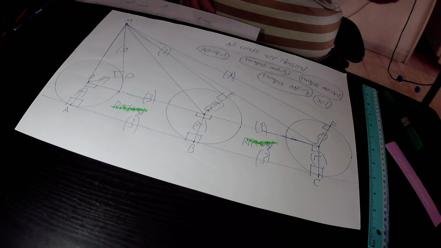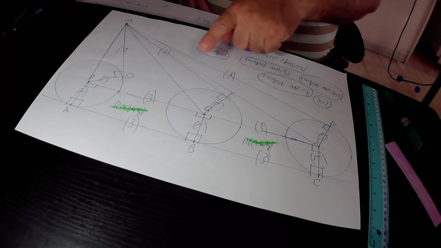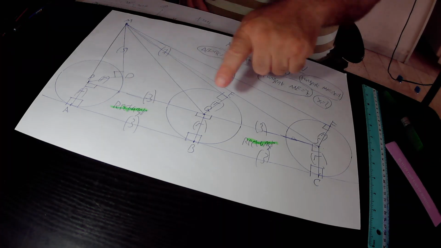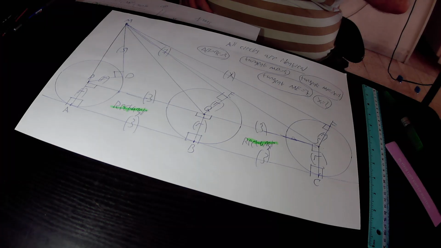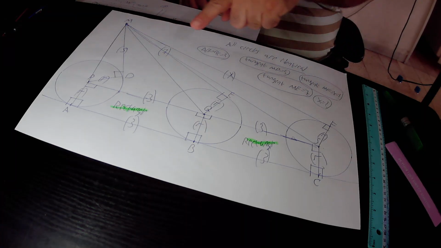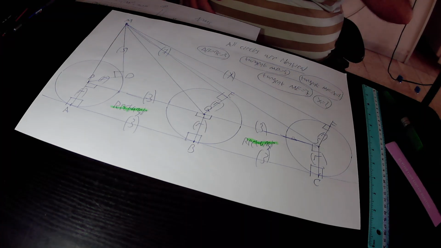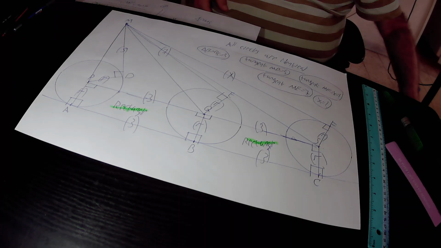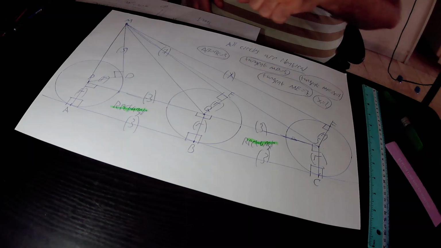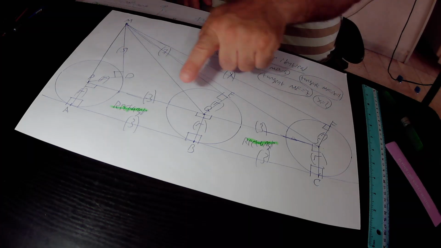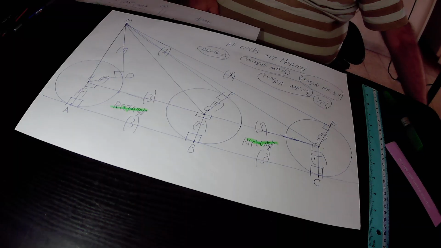And for the same reason, since the three points P, Q, and S are at the same distance from the straight line ABC, the straight line PQS is parallel to the straight line ABC. So here you can implement rule 17.